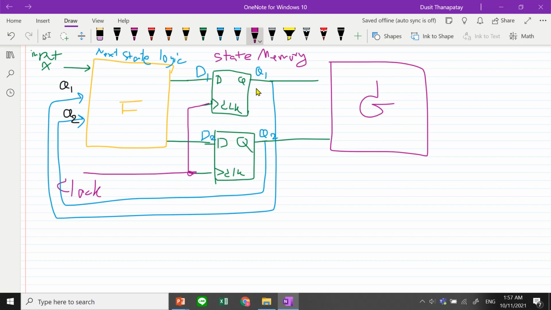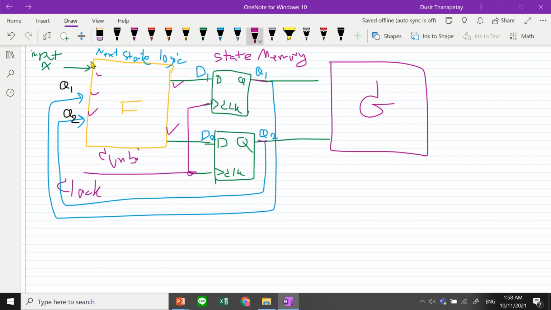If you use 2 flip-flops, there are 4 states. The output of the flip-flops is the state variable. The second component is the next state logic. This one is a combinational circuit, namely the output is based on the combinational value of the input.